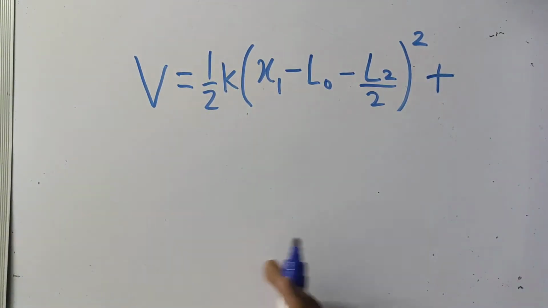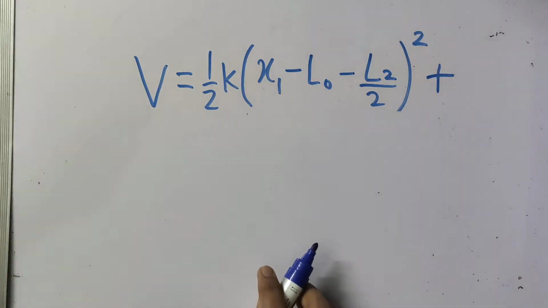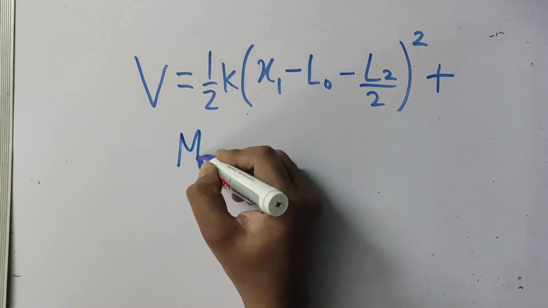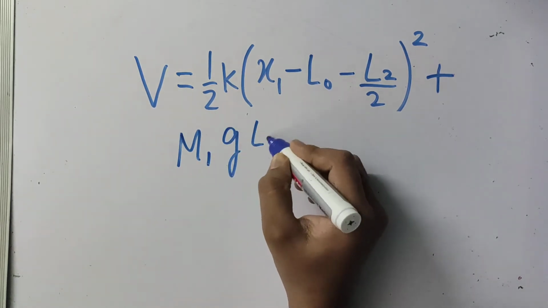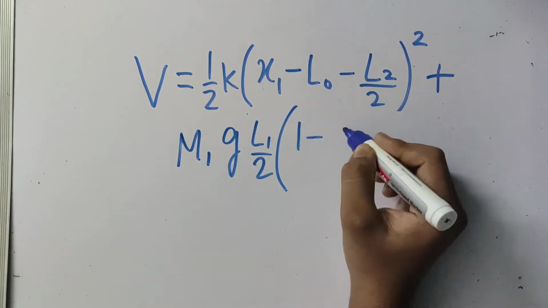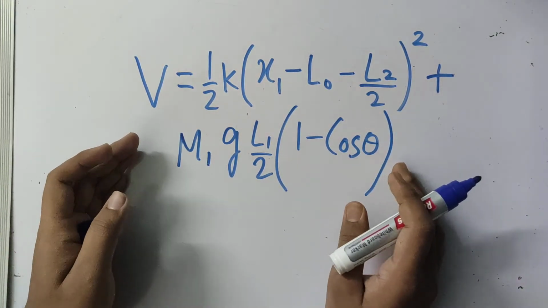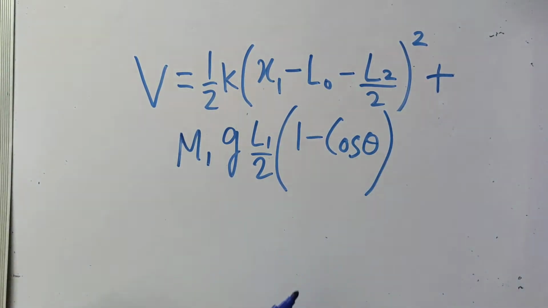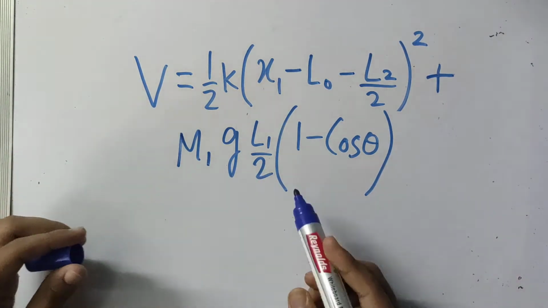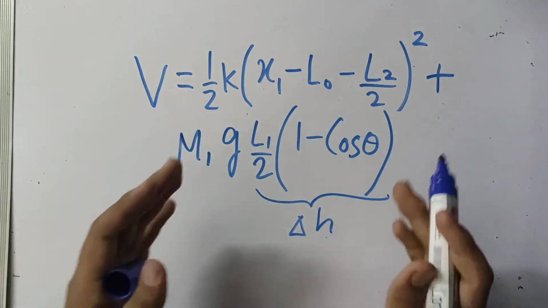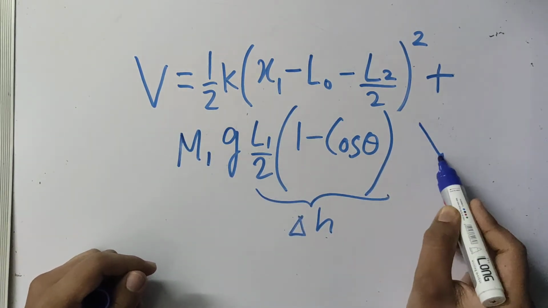Plus, now what will we add? The gravitational potential energy of the rod. How much is it? It's very easy, m1 g L1 by 2 times (1 minus cos theta). This is the gravitational potential energy of our rod. Basically this is the amount del H, the change in height undergone by the center of mass of the rod when it oscillates.